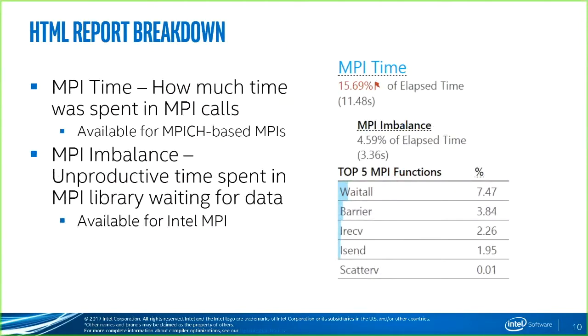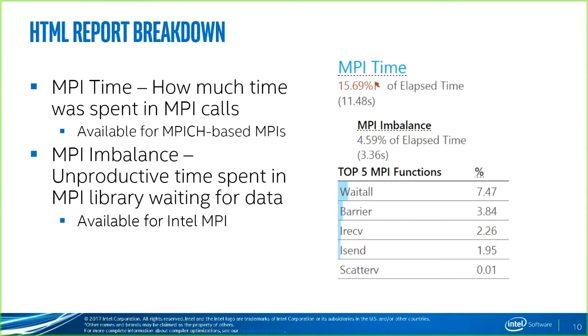So what aspects do we have, like the MPI focused aspect? It has several metrics. One is MPI time, which is the average MPI time per rank, and we express it not just in seconds but also as a percent of elapsed time.